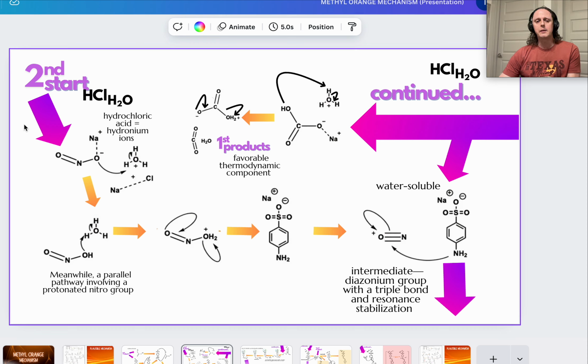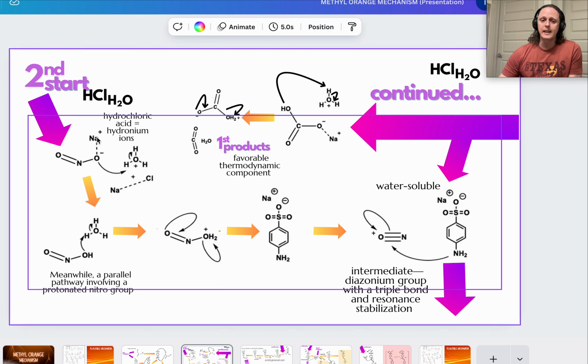And when you've got the sodium there, you've got some ionic interaction between the oxygen and the nitrogen and the sodium, and it is kind of stable, but we are using a very strong acid, which is hydrochloric acid, and we're using its hydronium ion that is so acidic that it would get this stable oxide here to protonate itself.